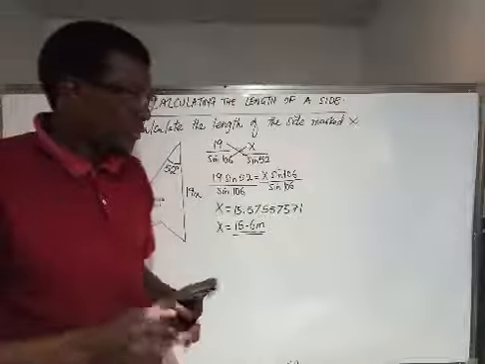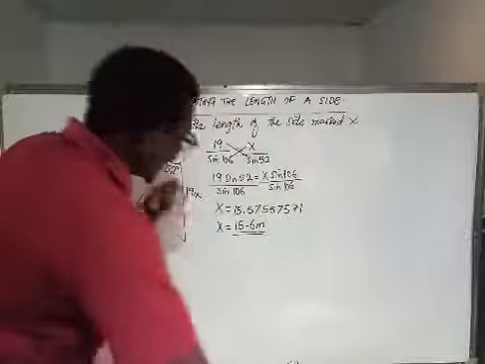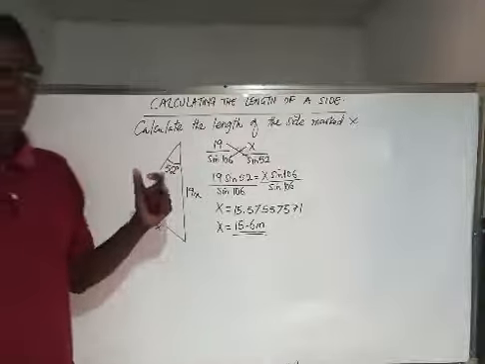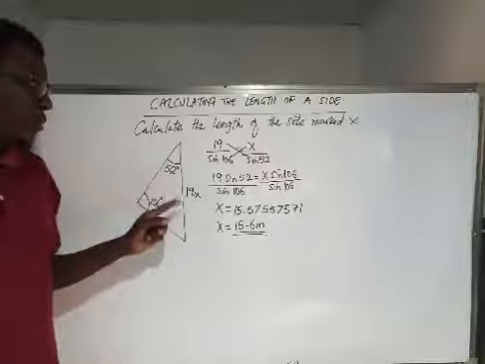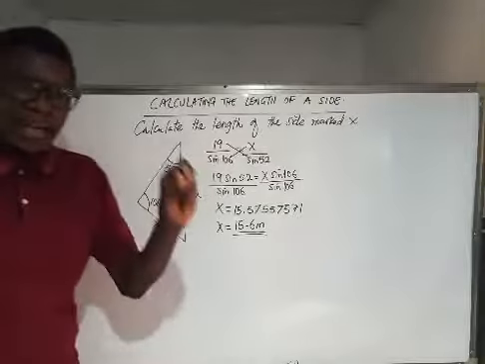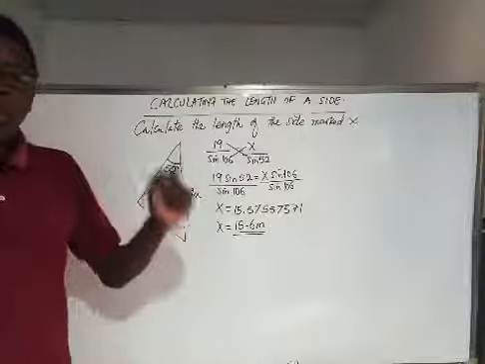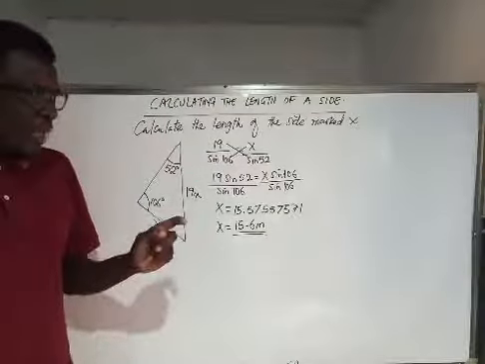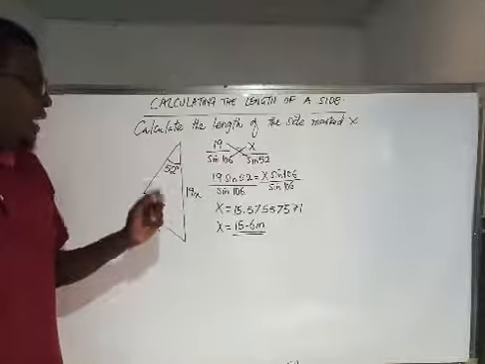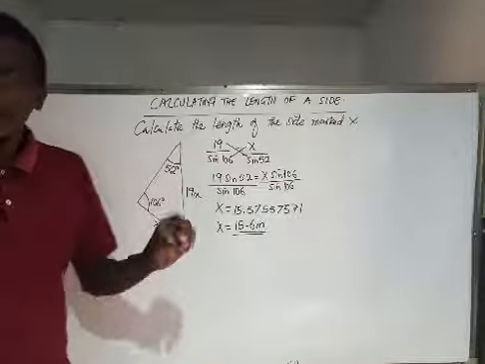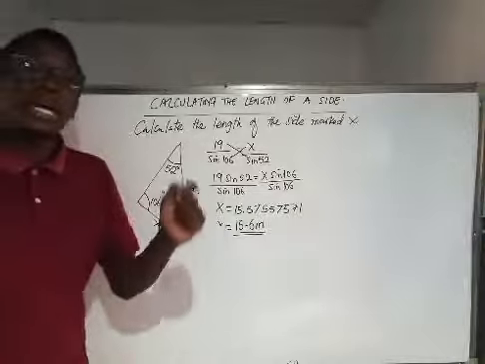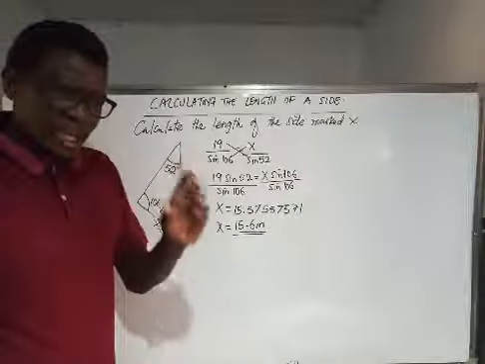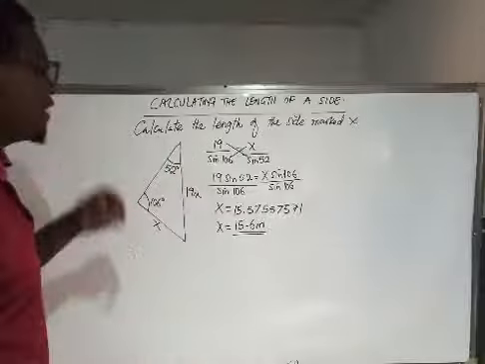Sine rule. This is not difficult. The key I'm emphasizing is that when you are dealing with sine rule, make sure you identify that each of the sides given has a corresponding angle.